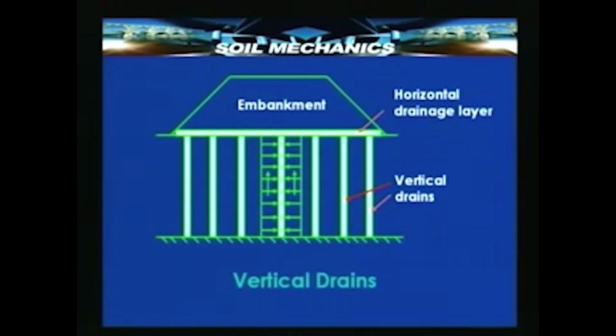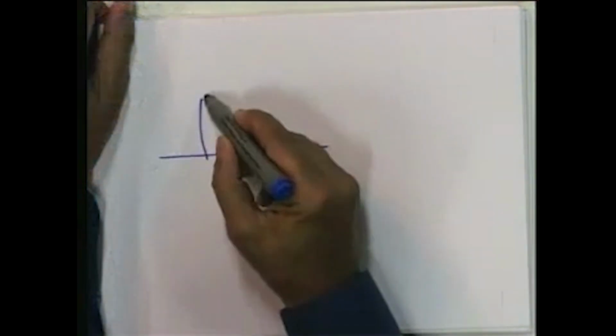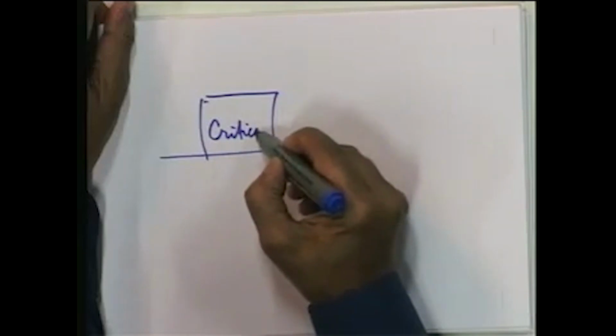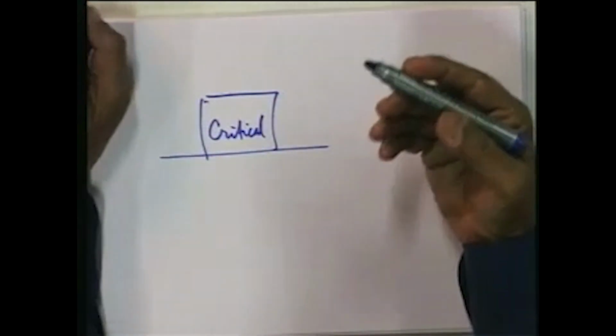See, there are many instances in practice where we will be building rather critical structures which cannot be allowed to experience significant consolidation during their lifetime. Even an ordinary residential building, if it undergoes severe consolidation during its lifetime, is bound to suffer difficulties.